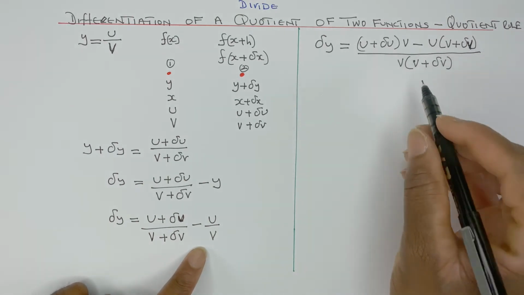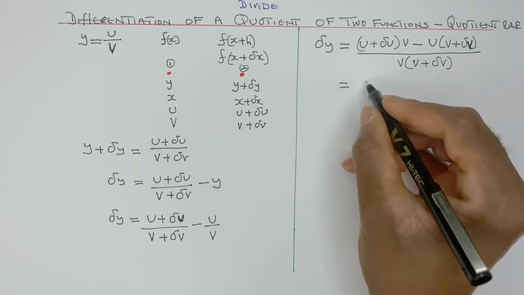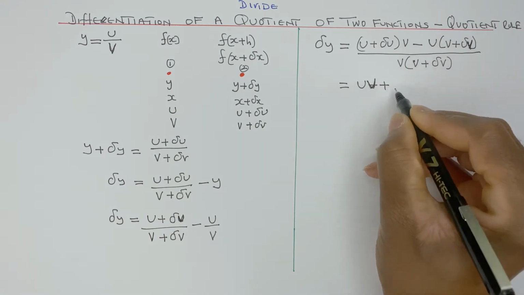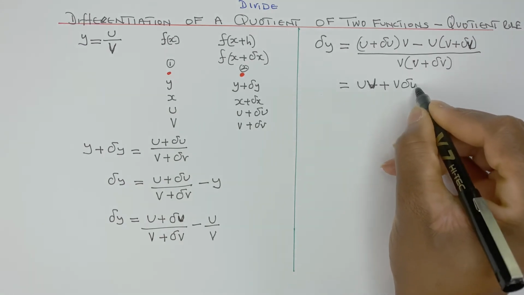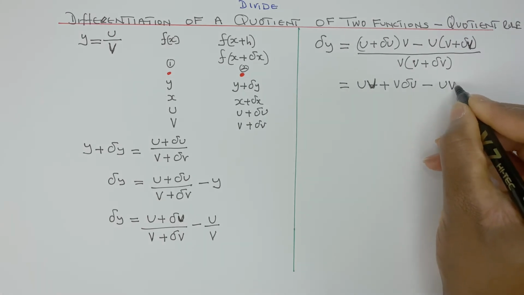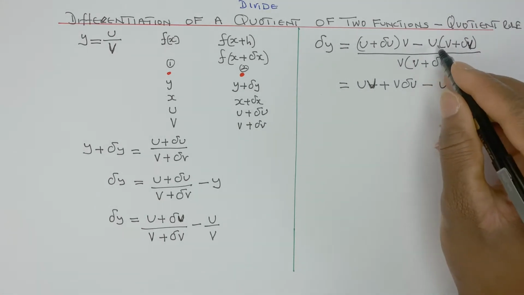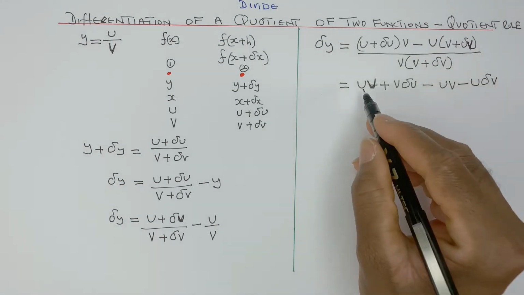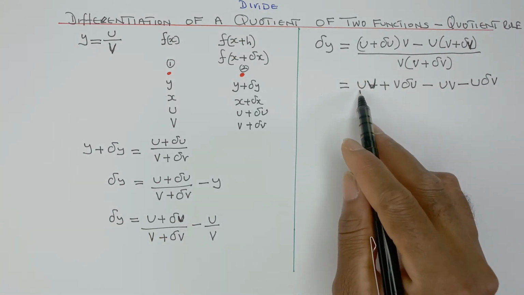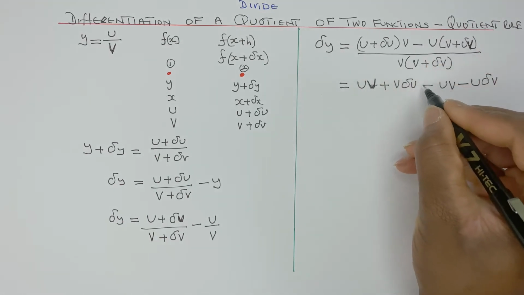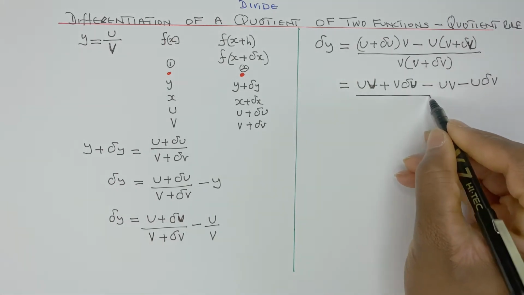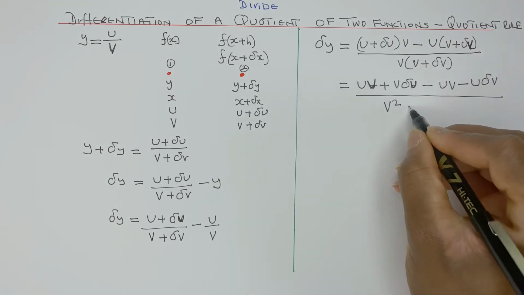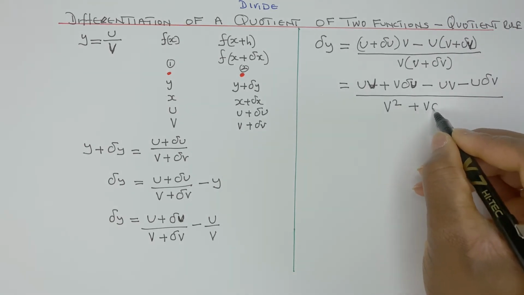So the expansion I'm going to do now is uv plus v delta u minus uv, that's u times that, minus u times delta v, u delta v. So this is v times u, that's uv, plus v times delta u. Now I'm dividing that by v squared plus v delta v.